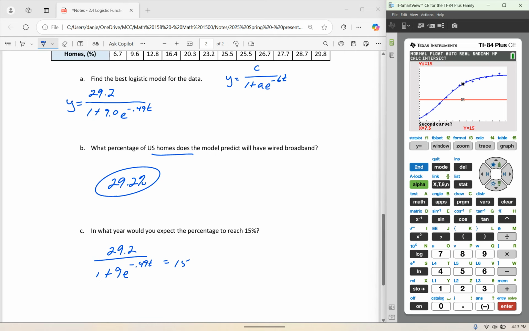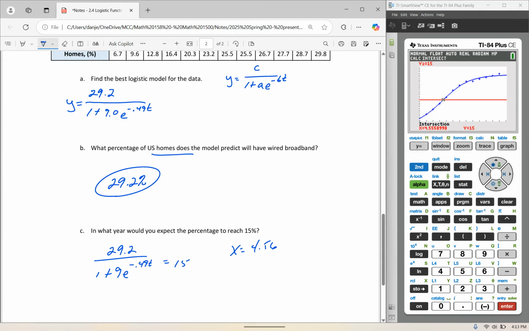Yes, press enter. Is the red function y2 equals 15 your second curve? Yes, press enter. And then to make a guess, press enter and notice my intersection. When x is 4.56, when x equals 4.56, p or y will equal 15.